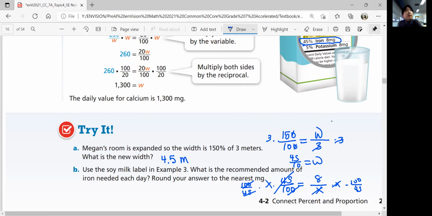And then you have X is equal to 8 times 100 over 45, and that is about 18. So 18 milligrams would be the recommended daily intake for iron.